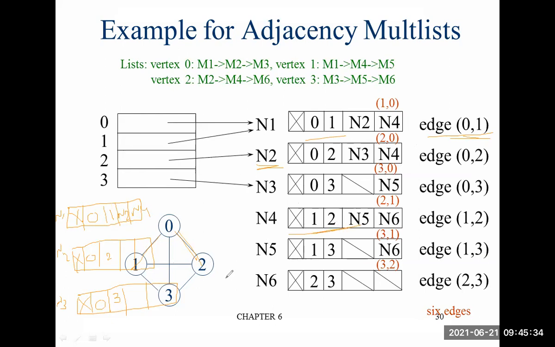Okay. Next, after 0 to 1 is over, then 0 to 3. So 0 to 3 means which path? 0, 3, N3. Represented here N3. Next 0 over, then 2 consider. So 2 to 0 is over, then we move to 2 to 1. So 2 to 1 or 1 to 2, we call it N4. So that is N4.